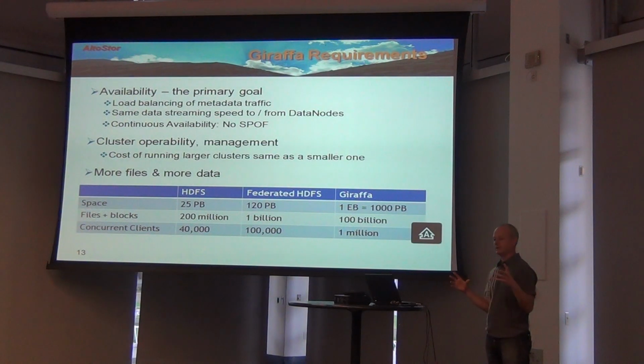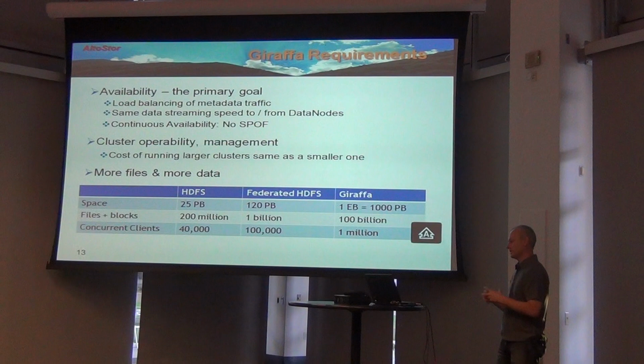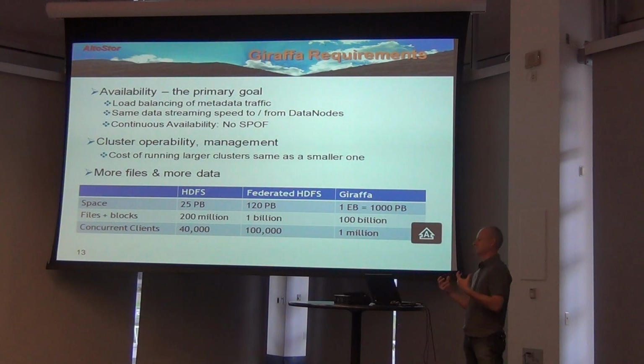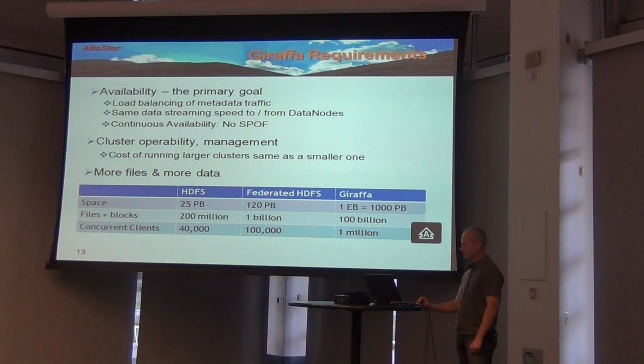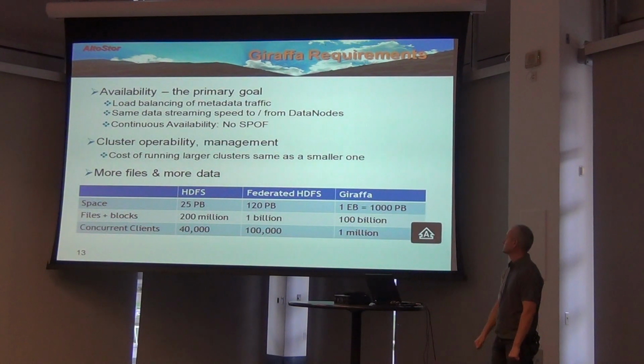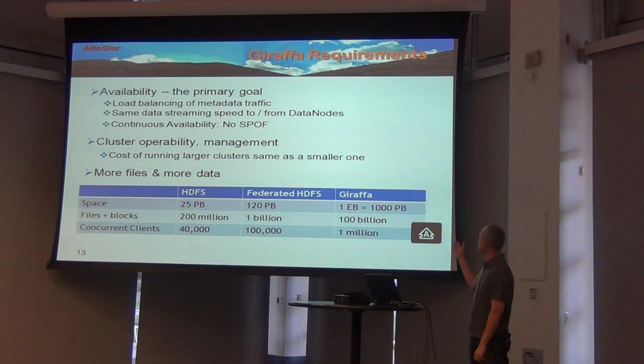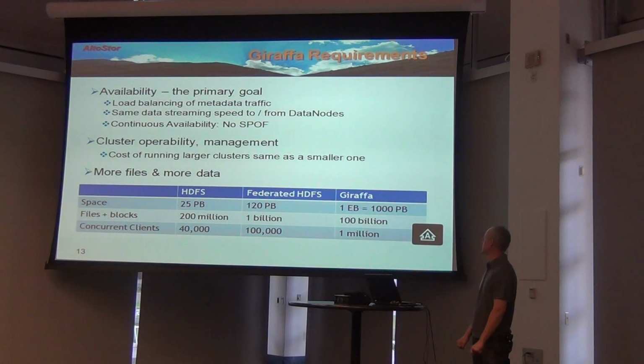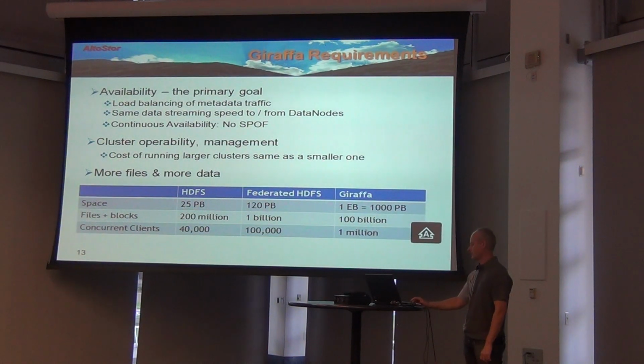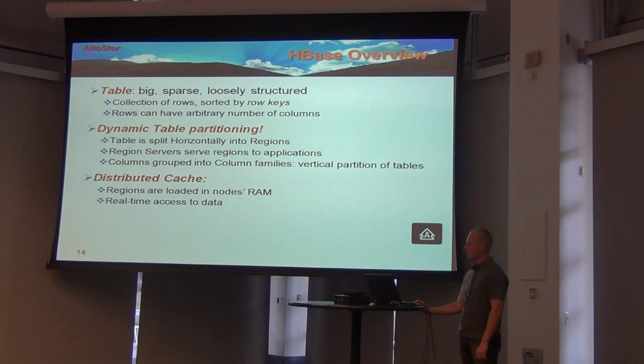We want to operate a bigger cluster as a single unit, because otherwise multiple clusters would require multiple times the operational effort. And more files and more data, of course, is an important goal. And these are the numbers for comparison of where we are and where we'd like to be.